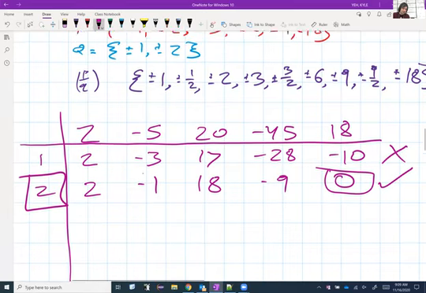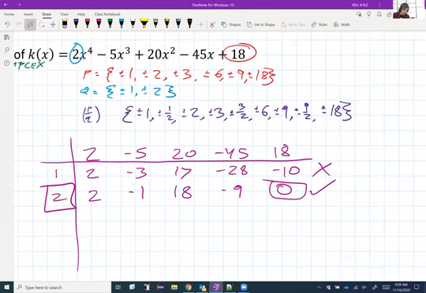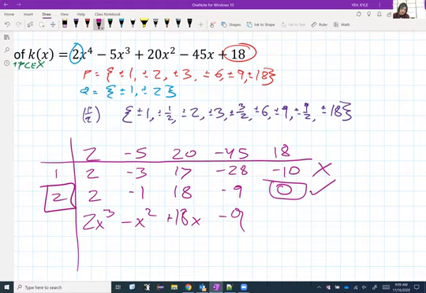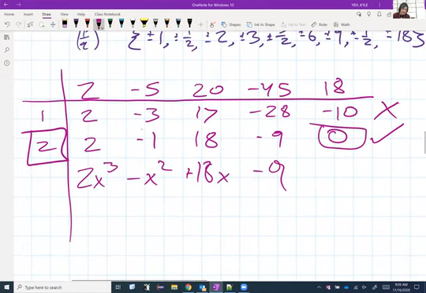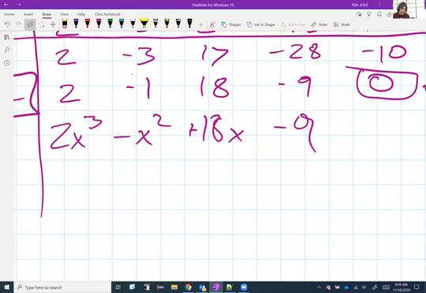Now we have a new polynomial. We started with x to the fourth. Now this means 2x cubed minus x squared plus 18x minus 9. And now I can say, do I have any strategies that would work to factor that? Well, it has 4 terms.